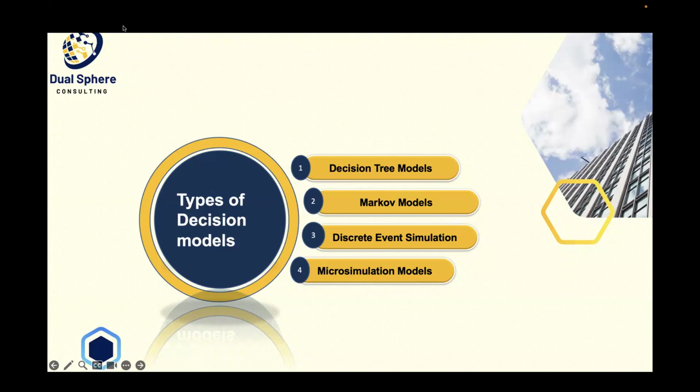In that case, you try to simulate a real world scenario through mathematical modeling, and for that you need certain types of decision models in place. These are the decision models playing at the back to generate the cost and effectiveness measures which you compare in your different types of economic evaluations. Okay, right?